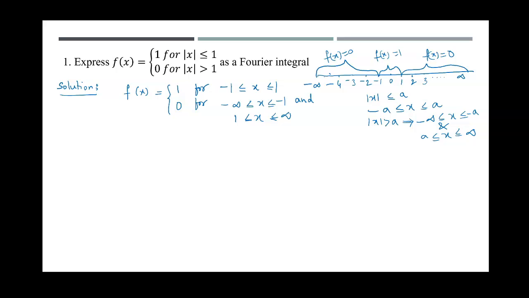Here mod x is nothing but plus x when x is greater than 0 and minus x when x is less than 0. So here by considering x is less than or equal to a and minus x is less than or equal to a, we get this. Here minus x is less than or equal to a means x is greater than or equal to minus a.